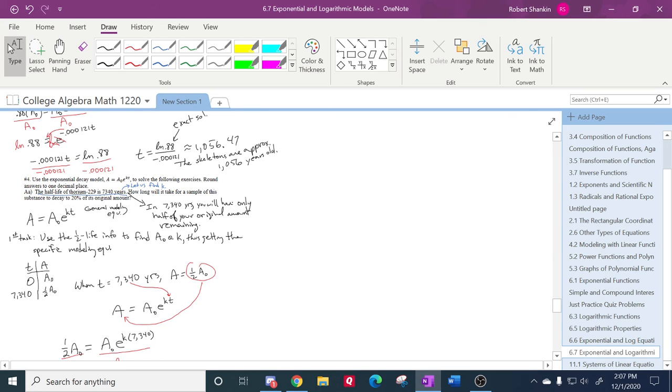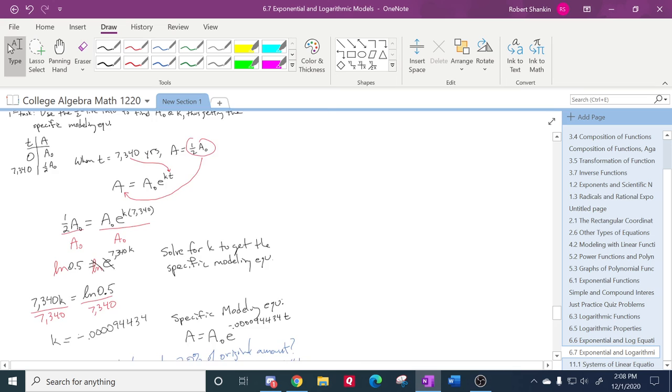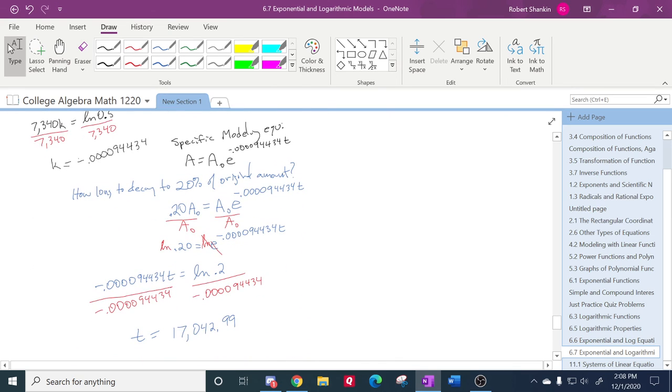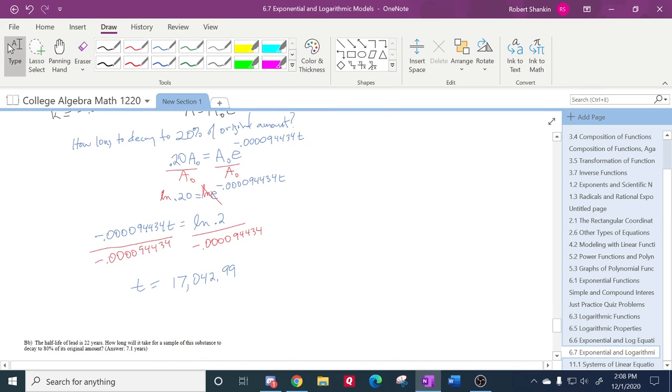Now notice, if it would have decayed exactly, if it would have been for 7,340 years, it would have gone to 50%. Another 7,340 years, it would have gone from 50% down to 25%. So that's around 14,000, two of those 7,000s. And then a little bit more than that, 17,000 to get all the way down to 20%.